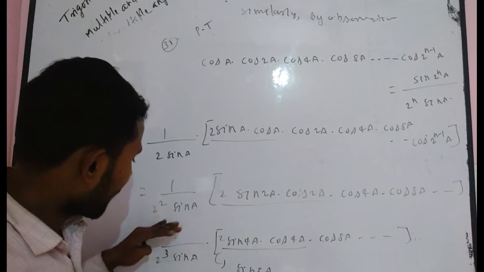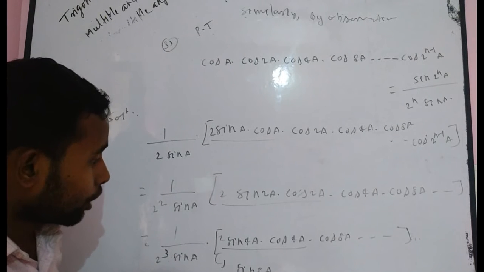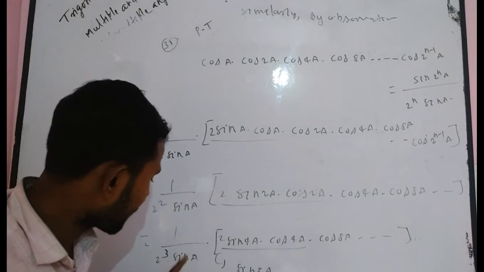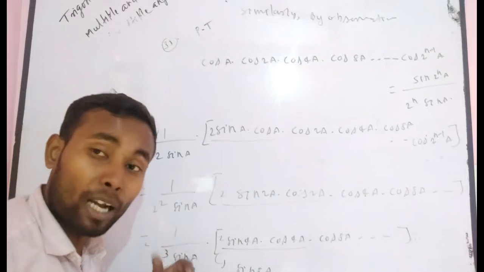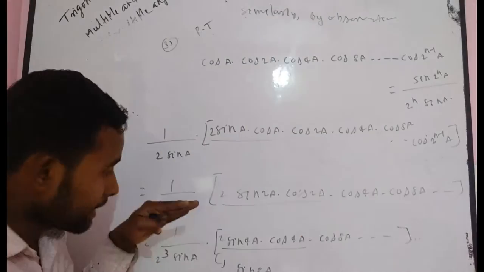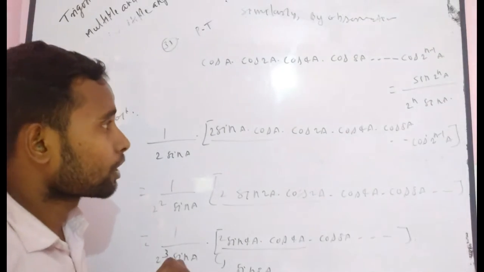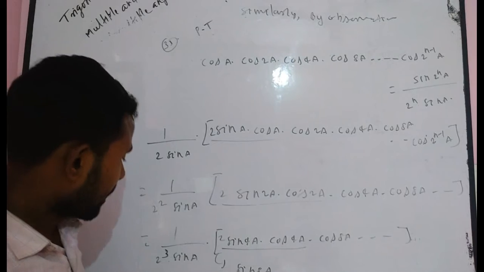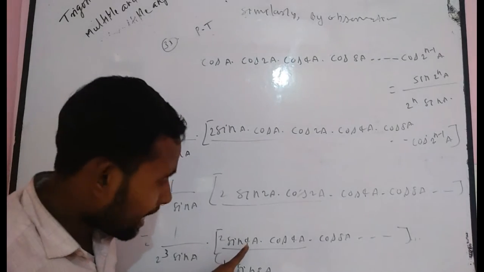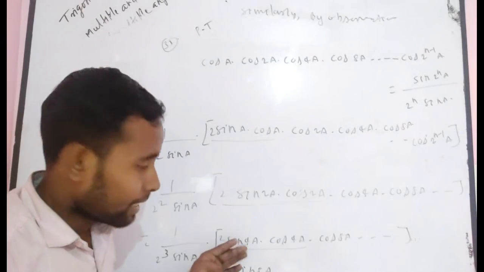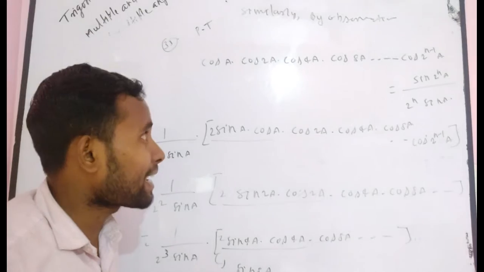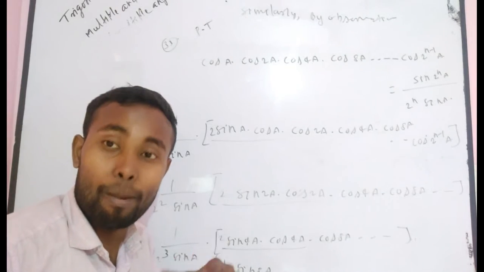Again you multiply by 2 and go to the second step, you get sin 4a cos 4a. But if you see here, what will happen in each step? You observe that only this angle increases by a factor.